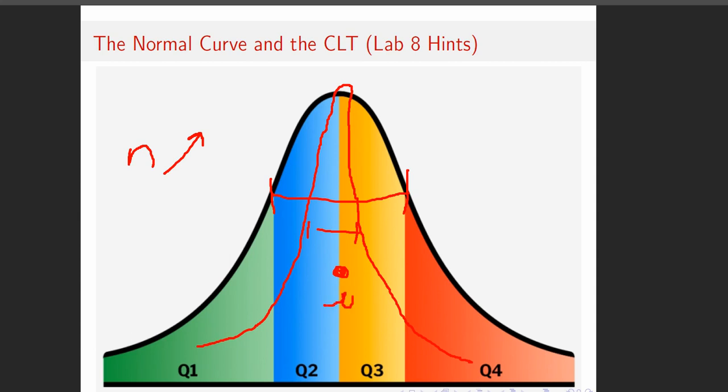I'm trying to estimate what mu is. And my estimate's going to have much less variability as the sample size goes up. And my bell gets narrower and narrower. Okay? So when you're asked about these questions, just remember that sample size and the standard deviation are inversely proportional.